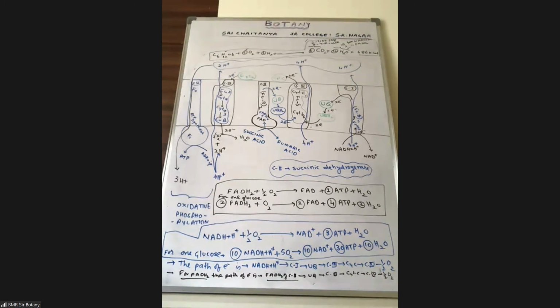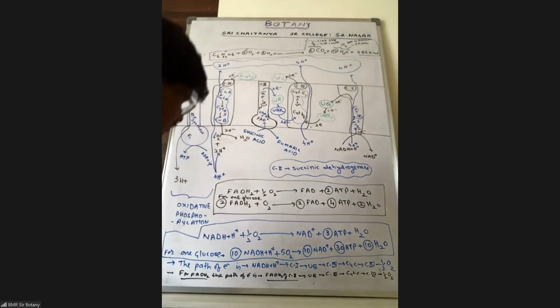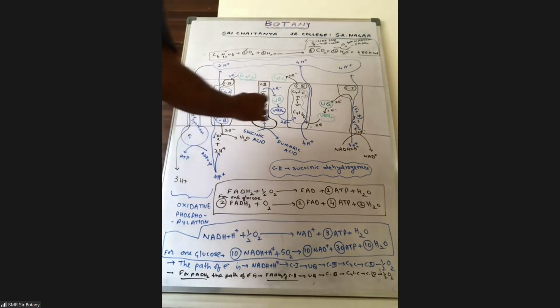Now, complex 3, suppose if I call it ubiquinone oxidase, am I right, Nana? Yes, sir. Yes, it can be. And suppose if I call complex 3 as cytochrome C reductase. Yes, sir.